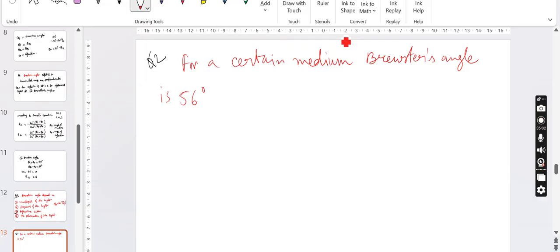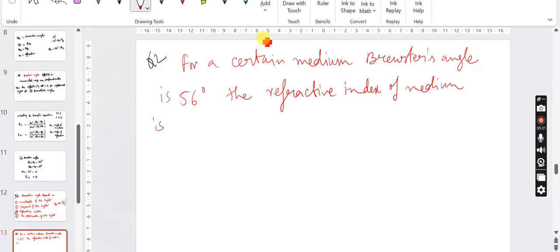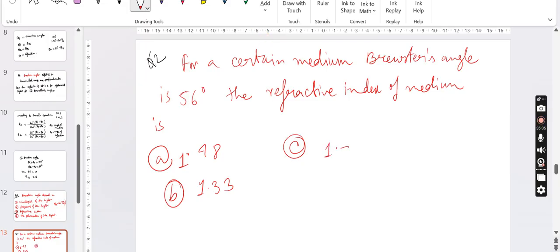The refractive index of the medium is: A, 1.48; B, 1.33; C, 1.4; D, 2. In this question, it is given n1 is equal to 1.